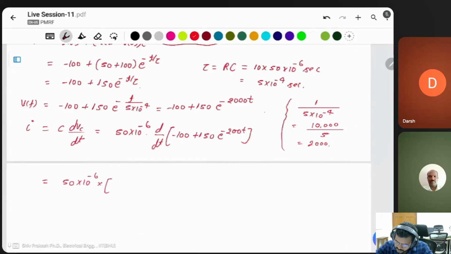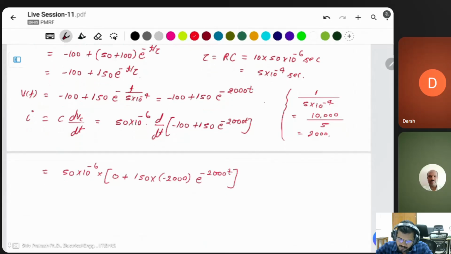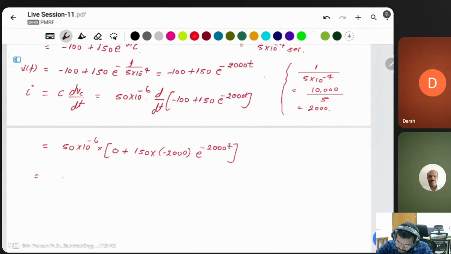The differentiation of this one is 0, plus this will be 150 into minus of 2000 into e to the power of minus of 2000 t. So 50 into 10 to the power of minus 6, into 150, this will be negative, into 2000 e to the power of minus 2000 t.